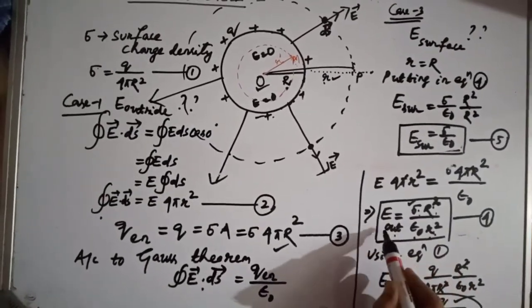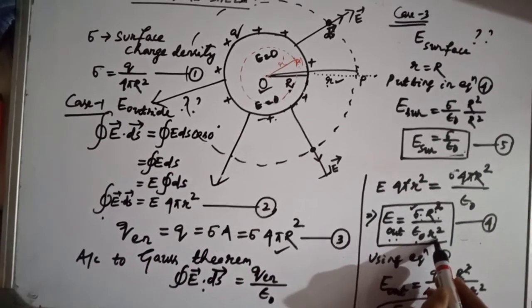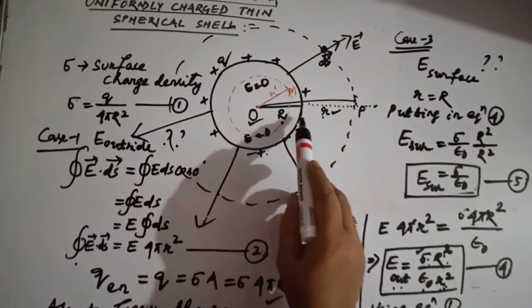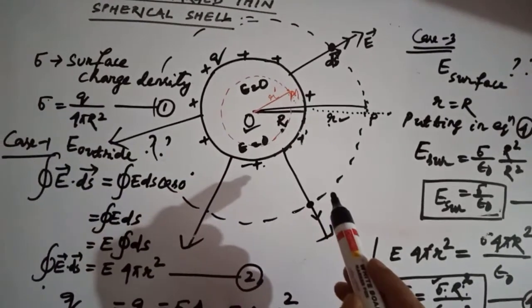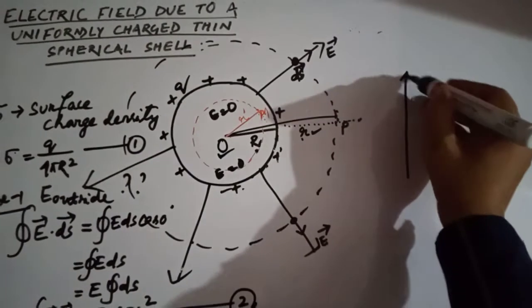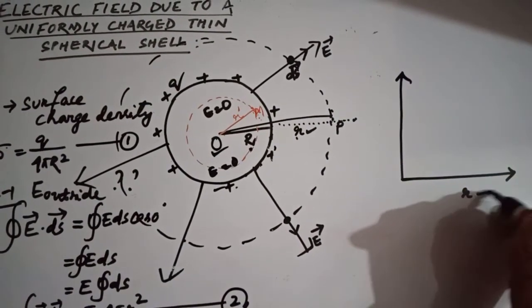So it decreases with increase in distance. If a graph is plotted between the electric field and the distance from the center of the spherical shell, you will find the graph. Electric field is taken along the y-axis and the distance from the center of the spherical shell is taken along the x-axis.